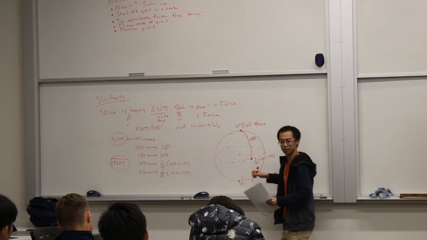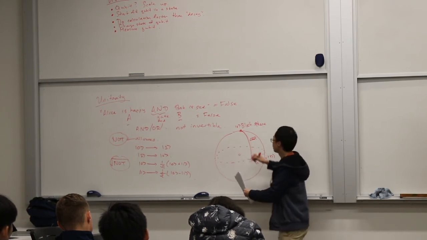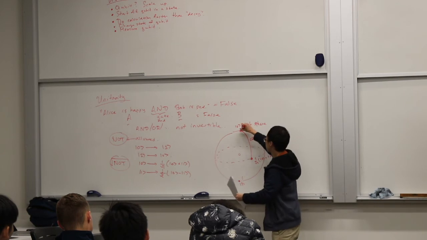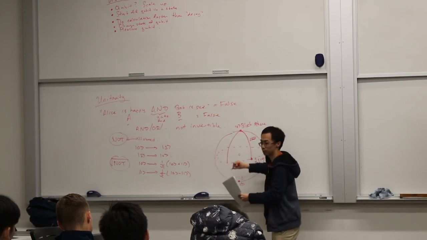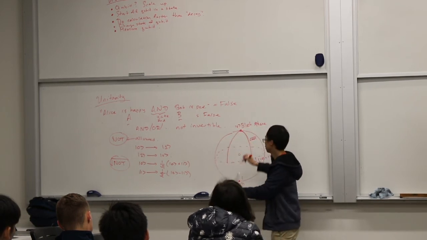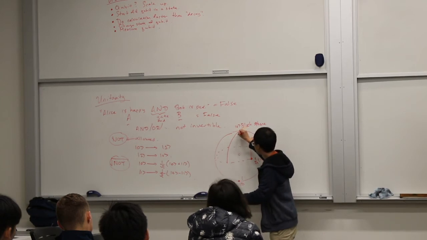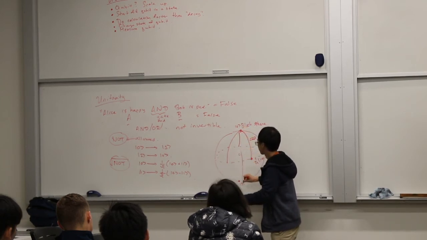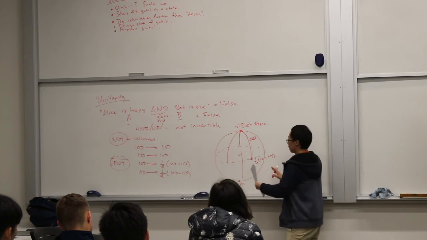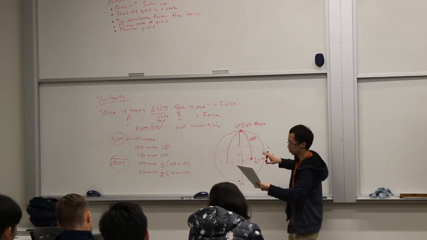Does that make sense? This kind of thing is allowed. And you can see from this picture that you could actually rotate like this too. That would also be a square root of NOT, but a different kind. Or you could go this way, down here, and then back around, like this.